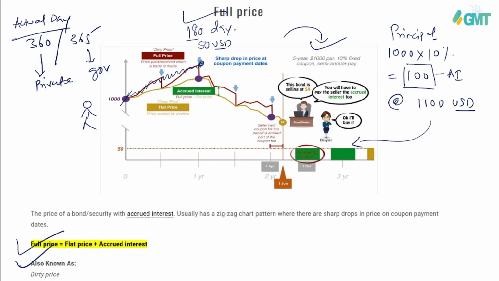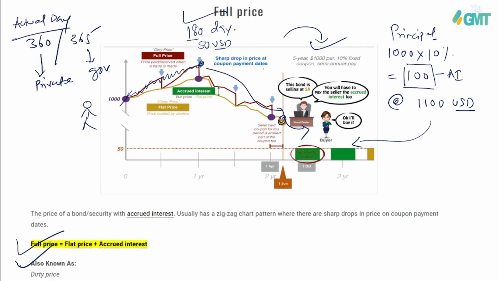And at the time of selling, if you sell the security to this lady, and she is denying to pay the accrued interest to you, then that would be your loss, right?